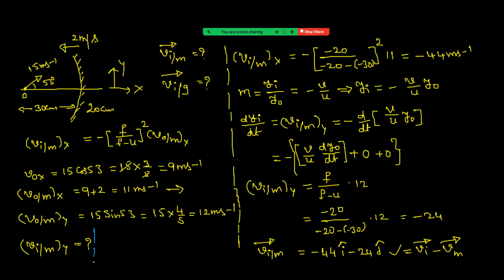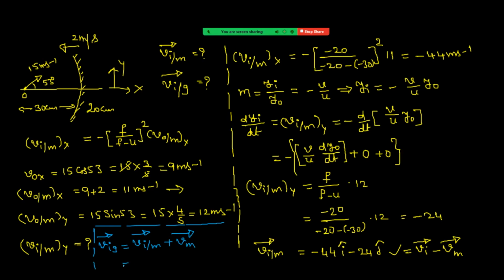So I'm writing here velocity of image in ground frame is equal to, and this is now velocity of mirror. That value, how much? It is 2, 2 along negative x-axis. So when I'm taking this one to here, plus Vm, I'm writing here velocity of image with respect to mirror plus velocity of mirror.